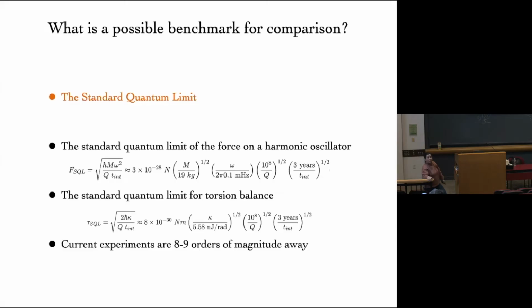It's 20 kilograms. Tungsten is extremely dense, one of the densest things we have on Earth. If you use a trapping frequency a bit below where torsion balances operate, and a Q factor a bit above where torsion balances operate, and a very long integration time, there it is, the 10 to the minus 28 Newton.